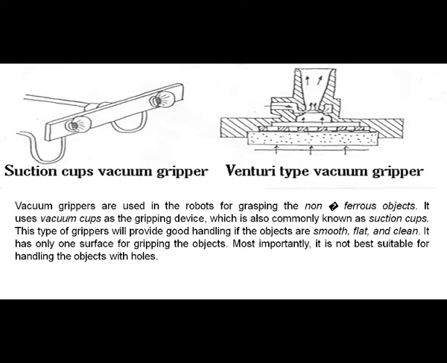It uses vacuum cups as the gripping device, which is also commonly known as suction cups. This type of gripper will provide good handling if the objects are smooth, flat and clean. It has only one surface for gripping the object. Most importantly, it is not best suited for handling objects with holes.